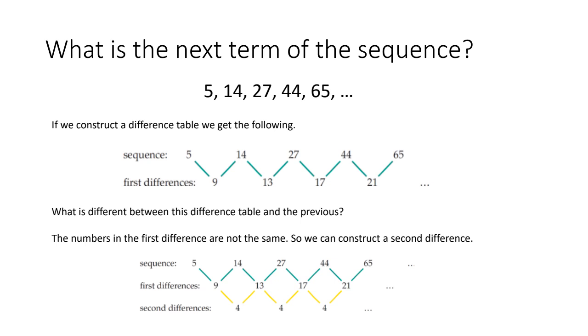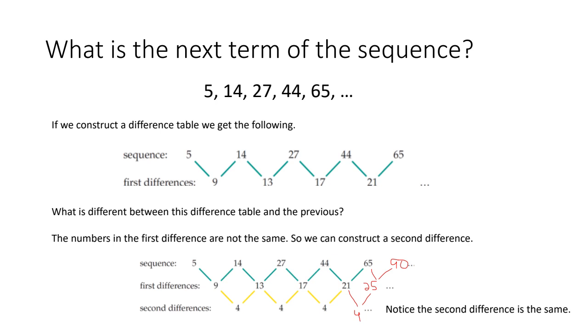If I wanted to find the next number, since the second difference is 4, I would need to add 21 plus 4, and that would give me the next value, which is 25. So 21 plus 4 is 25.